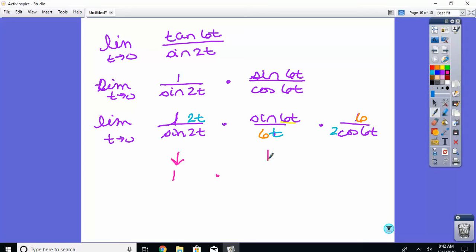Sine 6t over 6t would go to 1. I have 6 over 2 times, what's the cosine of 0? 1. So I get 6 over 2, which is 3.